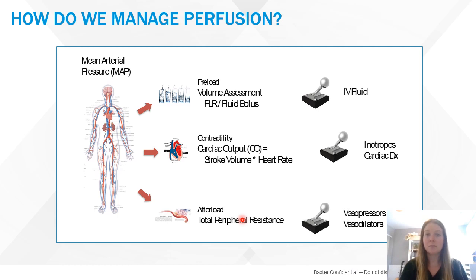That means your vessels are clamped down and maybe we need to give some vasodilators. Or if your cardiac output is low and your preload is normal and your afterload is normal, let's see if we can help with some inotropes. So you can figure out what your patient needs to perfuse, all at the bedside, utilizing the Starling monitor.